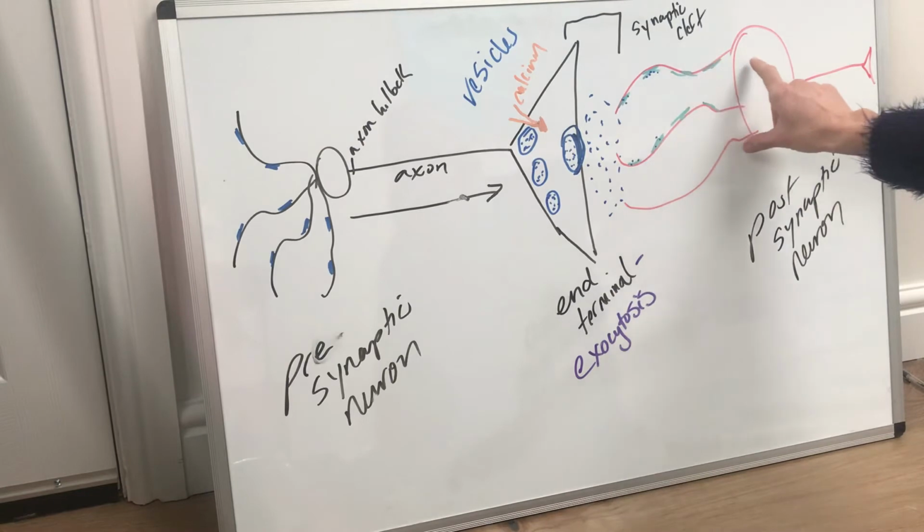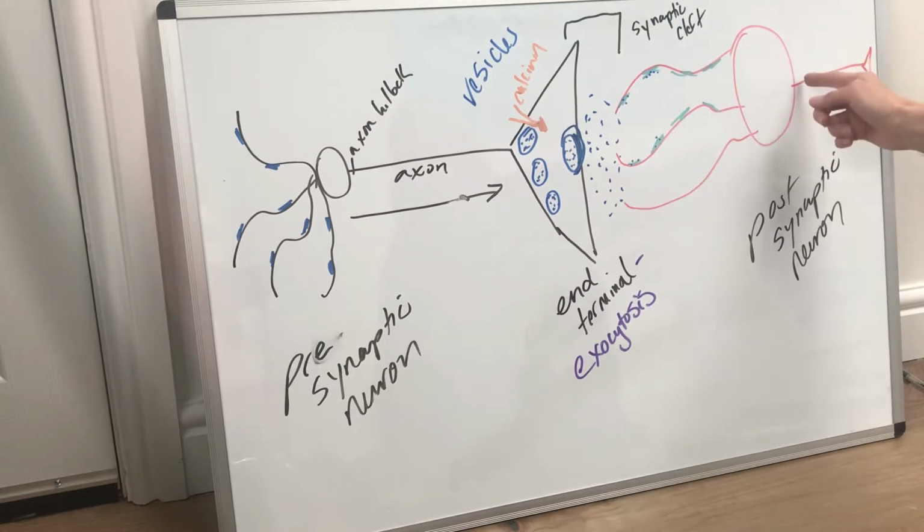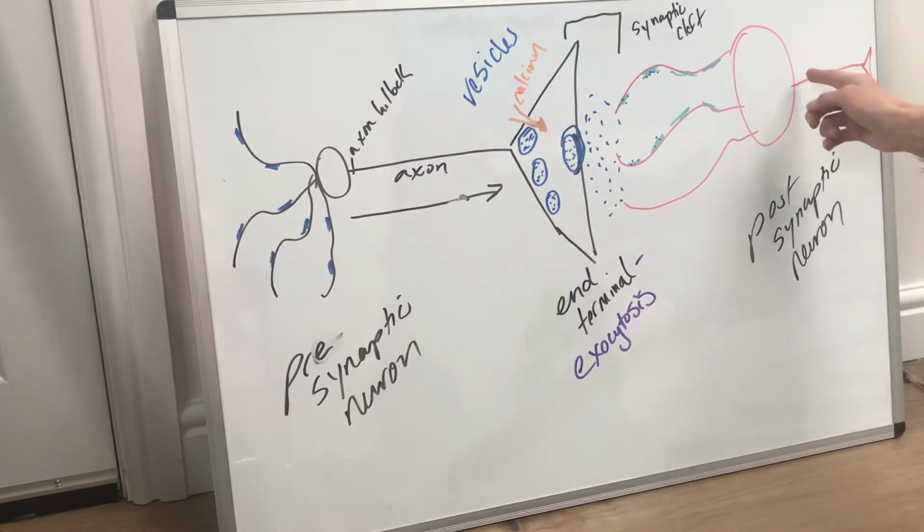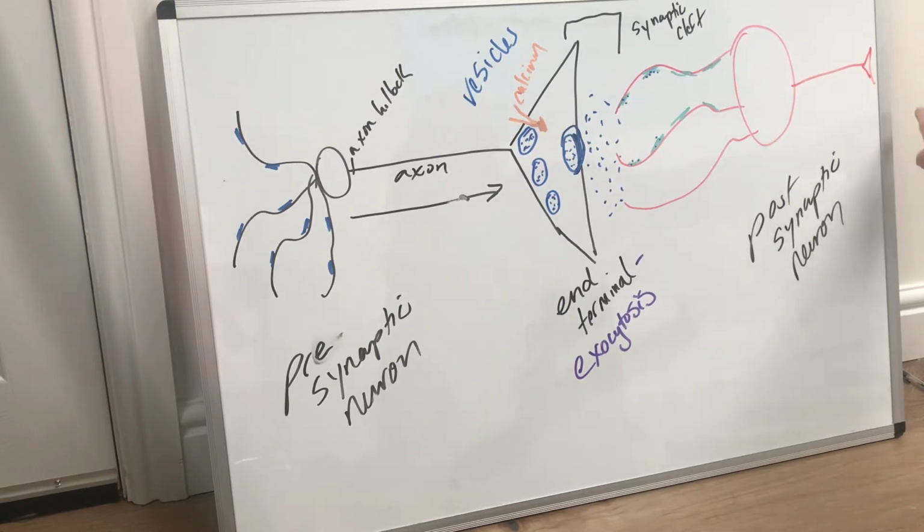That chemical signaling is going to be, again, computed at the axon hillock of the next neuron. And assuming that you had an excitatory signal saying, yes, go ahead, send the signal, then it would be transduced back to an electrical signal here, and that would carry on down the axon of the next neuron across.